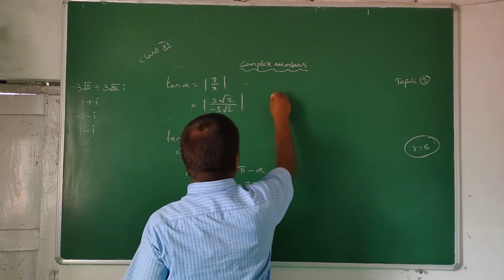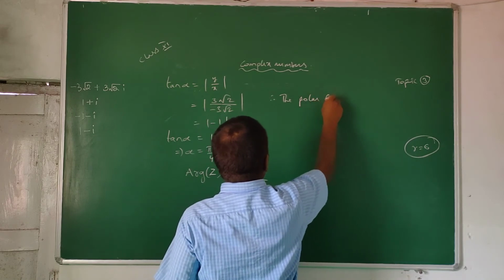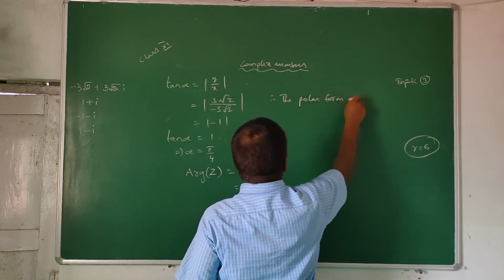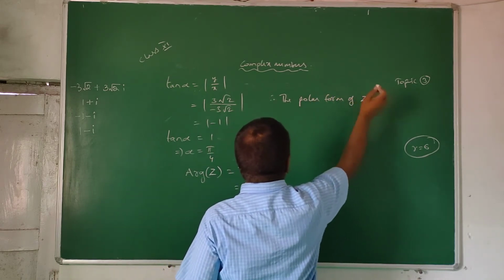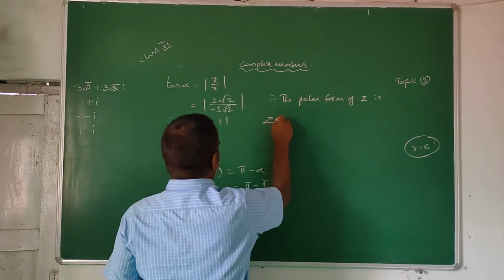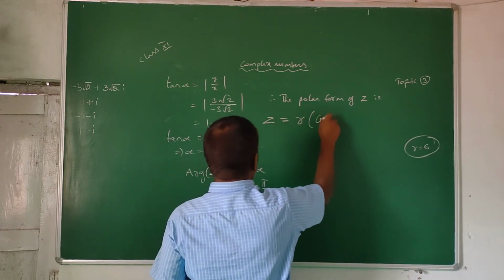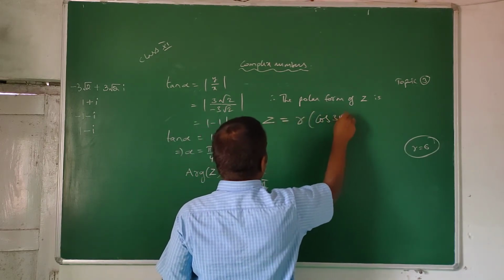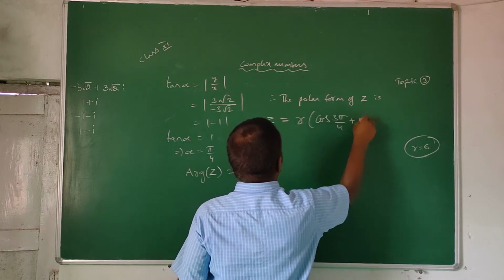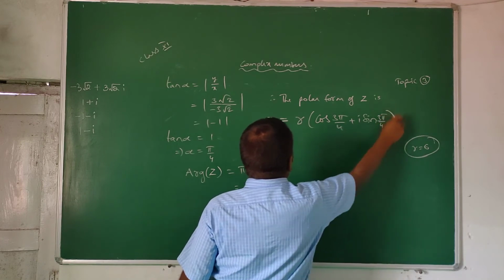Now, therefore, the polar form of the complex number z is equal to r into, r value, how much did you get? 6 into cos theta, that is cos 3 pi by 4 plus i sin theta, i sin 3 pi by 4.